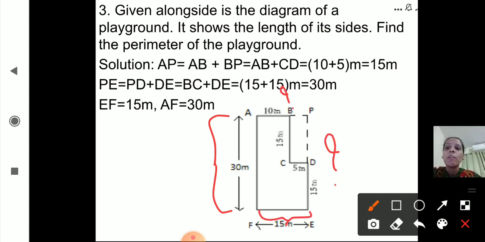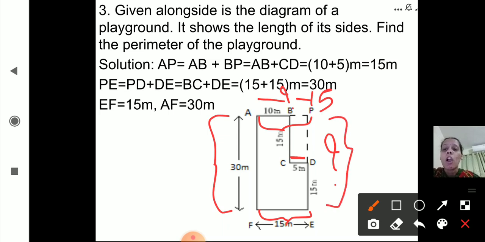Okay. How will you find out the length of AP? Length of AP is equal to length of AB plus BP. But BP is not given, but BP is similar to CD. Right? So 10 plus 5, that is 15. So length of AP is 15 meter. And now we will find out PE. PE is equal to PD plus DE.